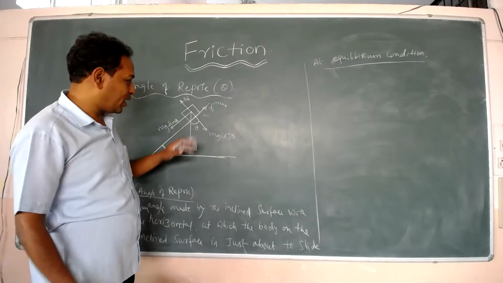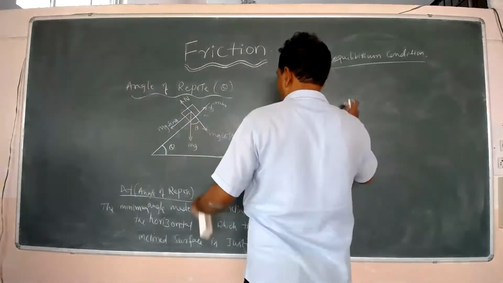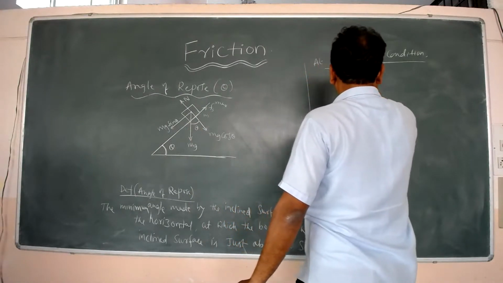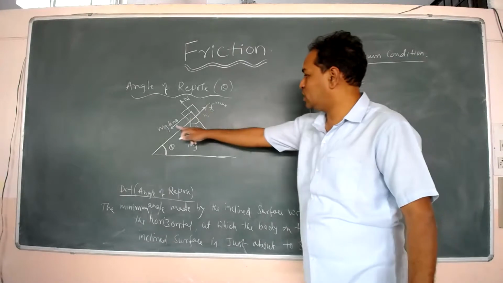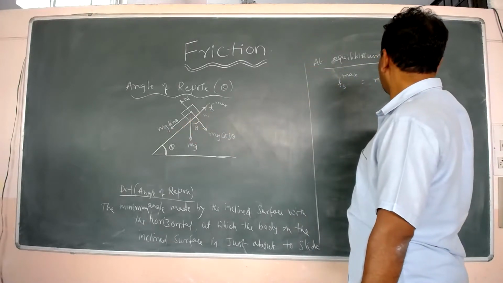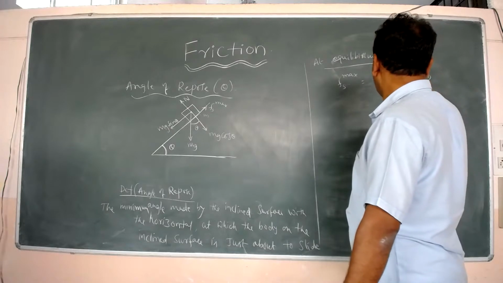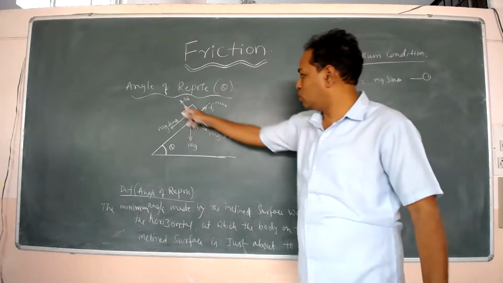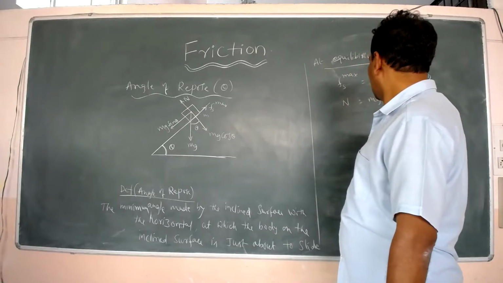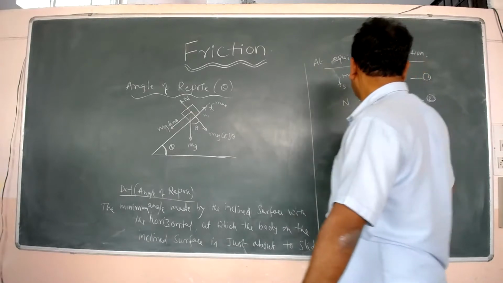So at equilibrium, I can say maximum static friction is equal to mg sin theta. Say this as equation 1. And one more, normal reaction is equal to mg cos theta. Say this as equation 2.